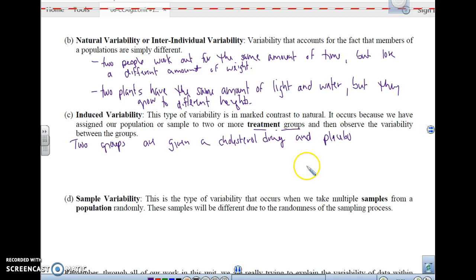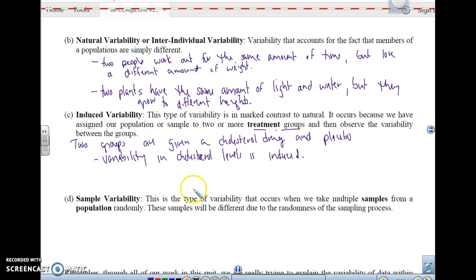Okay? So what we're looking for is variability in cholesterol levels that is induced. Okay, because we have the two different groups, we are looking at how that placebo and the cholesterol drug make the samples different. So that is induced variability.